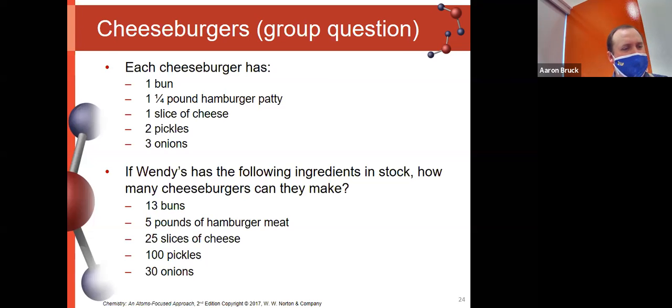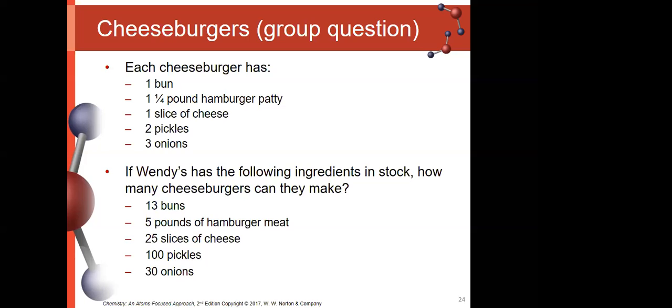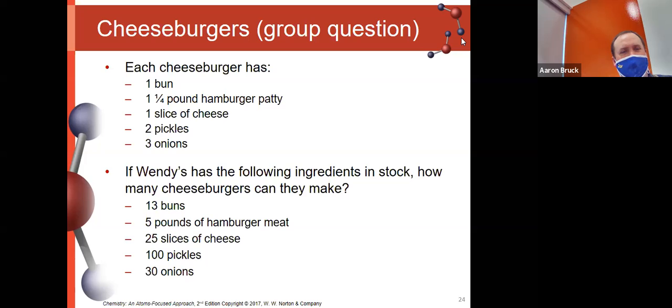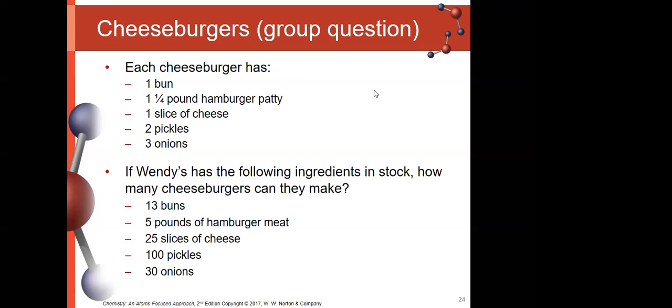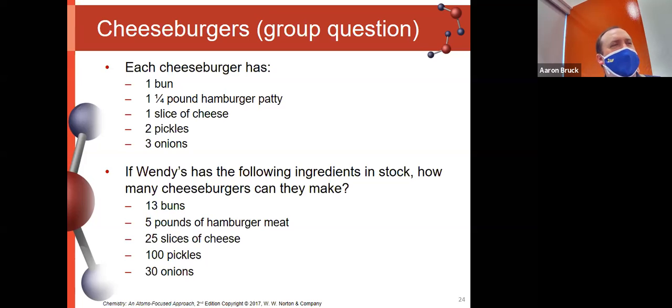All right, I've got an answer of 10. 4. All right, who said 4? Jacob. Okay, Thomas said the same thing. I think you're misreading the second line. It's not a 1 1/4 pound patty. It's a quarter-pound patty.